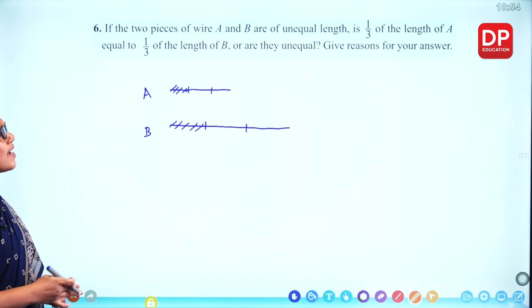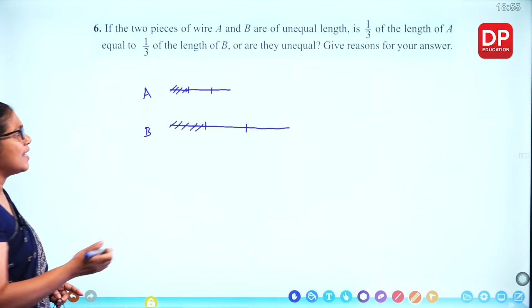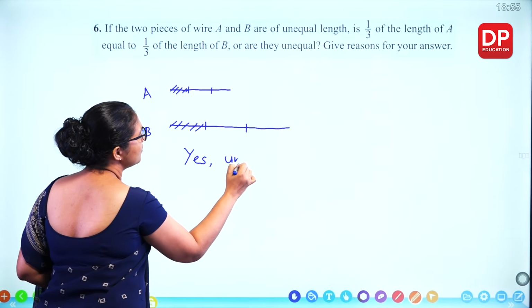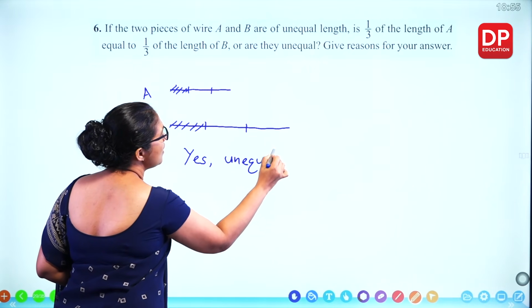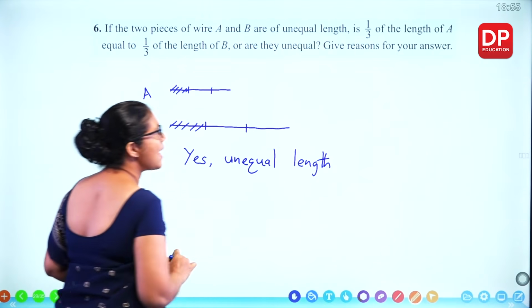So give reasons for your answer. So how can you answer this question? This is the first thing you have to say: yes, these are unequal lengths. What's the reason behind that?